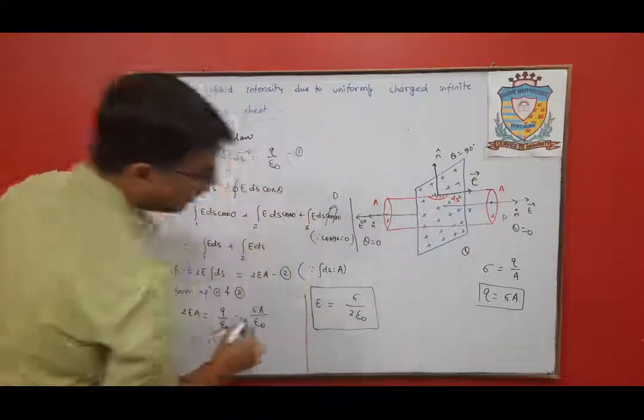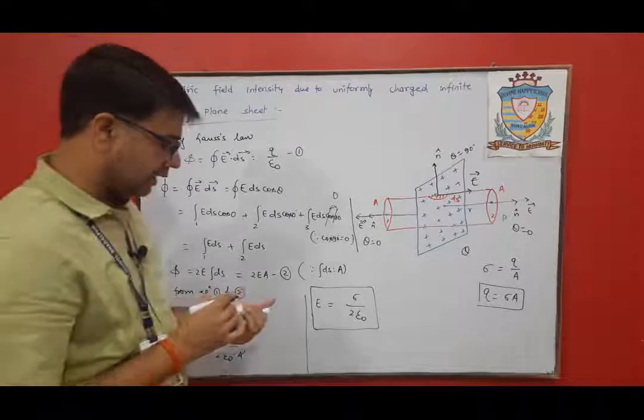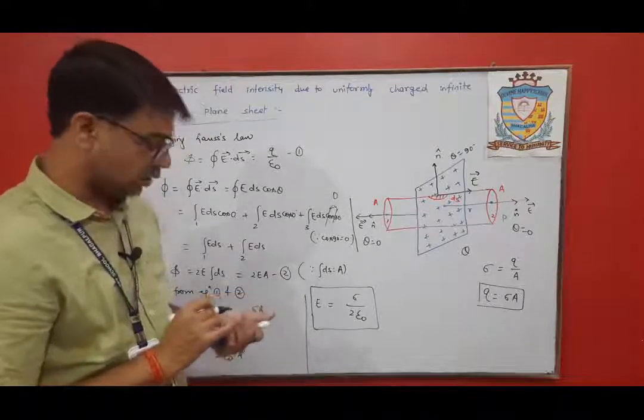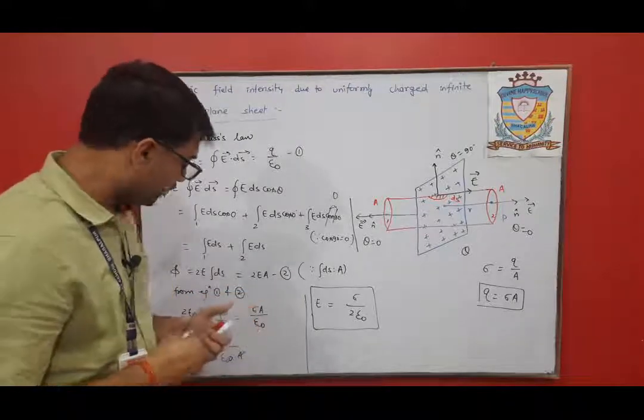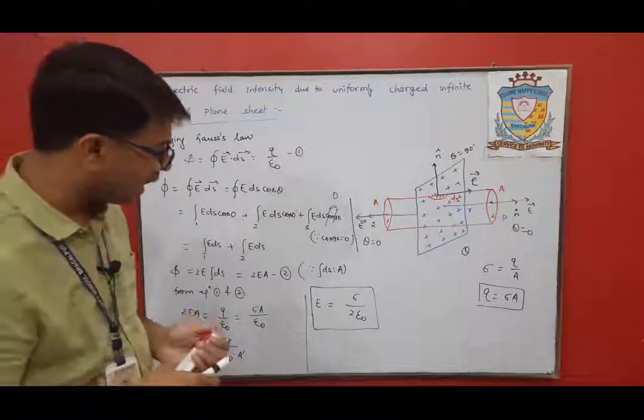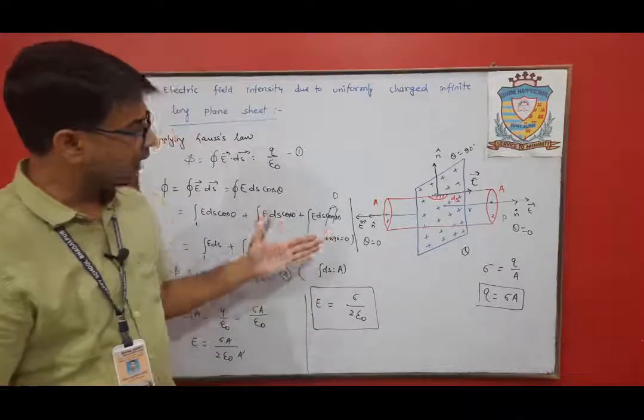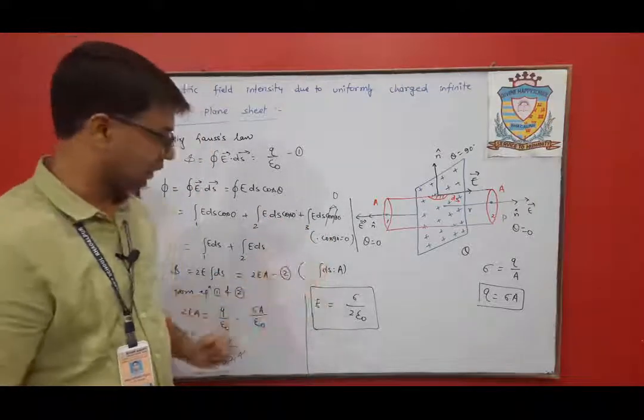This is the total electric field intensity at any point placed at a distance of r due to an infinite long plane sheet.